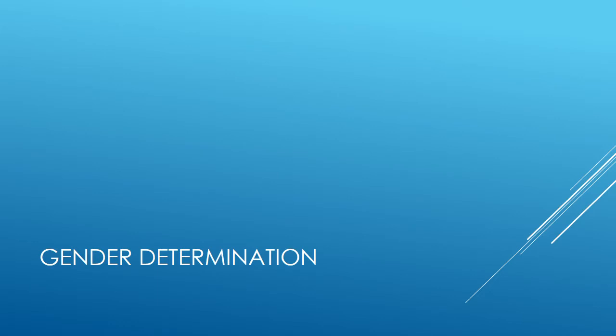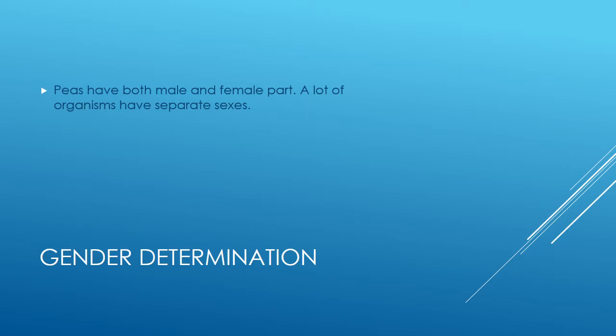Okay, first off, in determining gender, peas have both male and female parts on each flower. So there's not a difference in gender when it comes to peas, but there are a lot of organisms that have separate sexes.